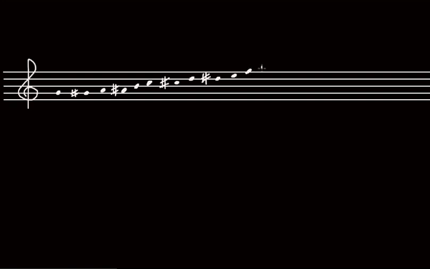Then F sharp, and then we finish the scale on G. So that is a chromatic half step going up.